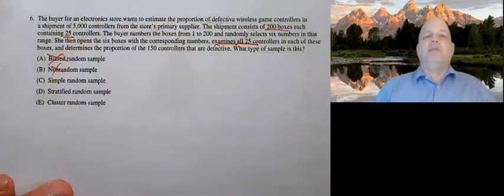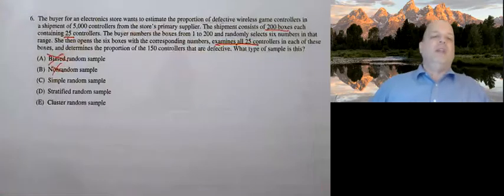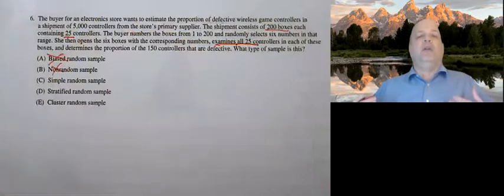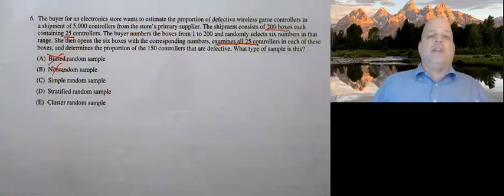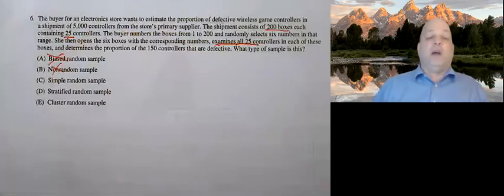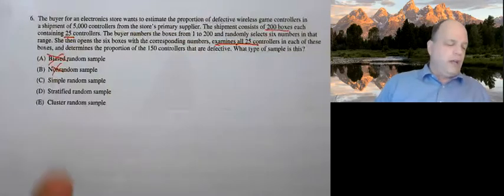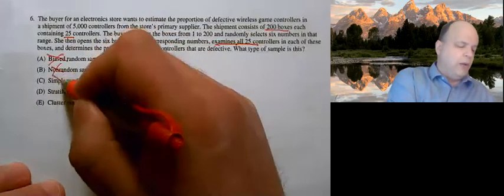To be a simple random sample, every single controller had to have an equal opportunity in every group. So I would need to be able to select one from one box, one from the other box, etc. And this was not available because once I selected a box, I counted all the ones in there. So this is not a simple random sample. Not every combination was possible.